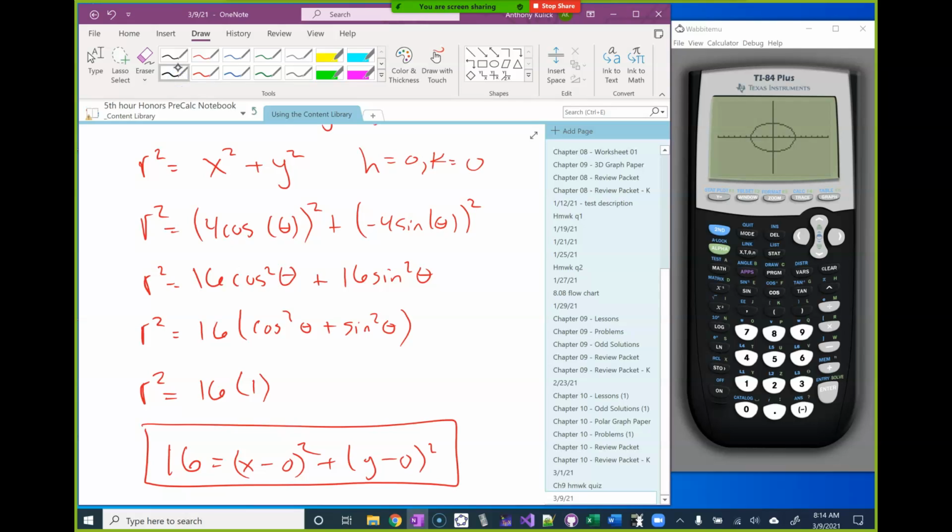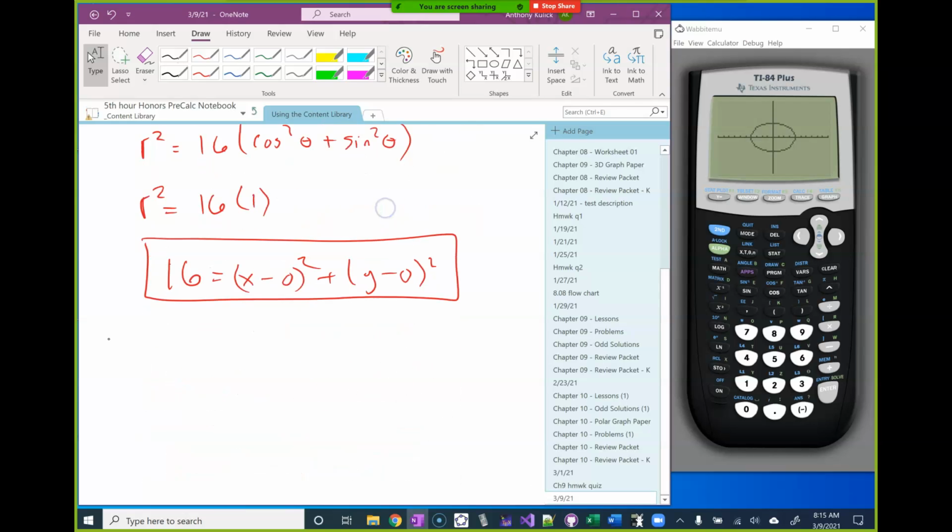43. Let's see. It says Jake hits a baseball when it's 4 feet above the ground. Initial velocity of 120 feet per second.